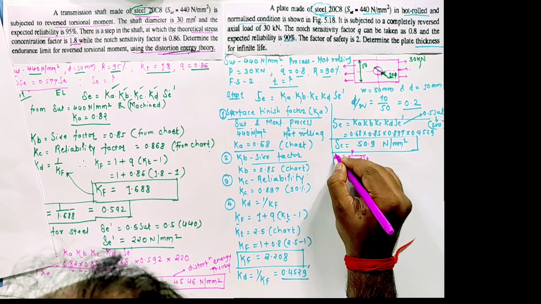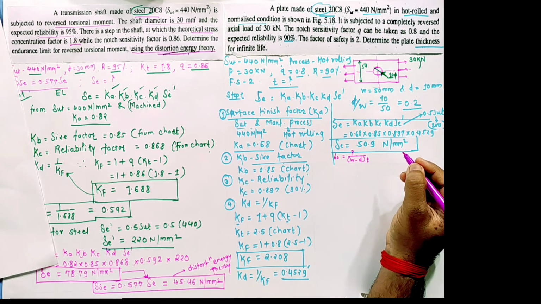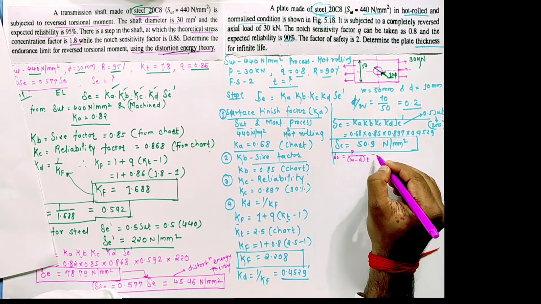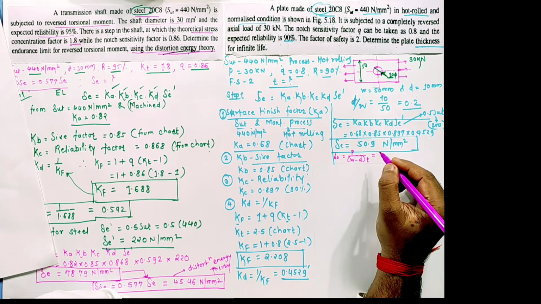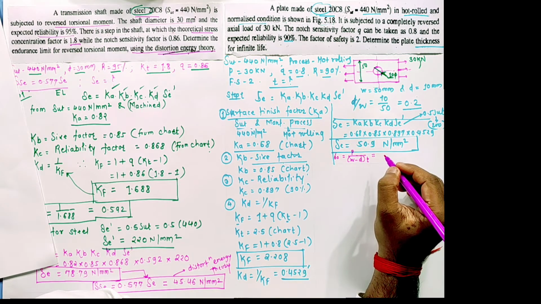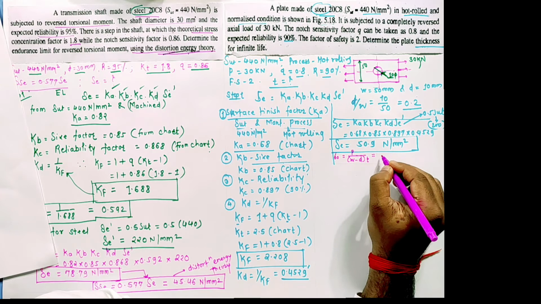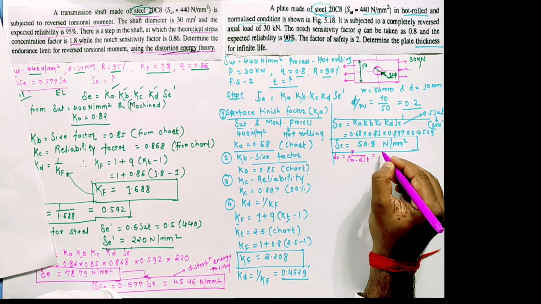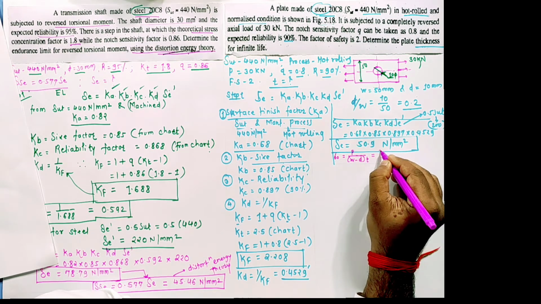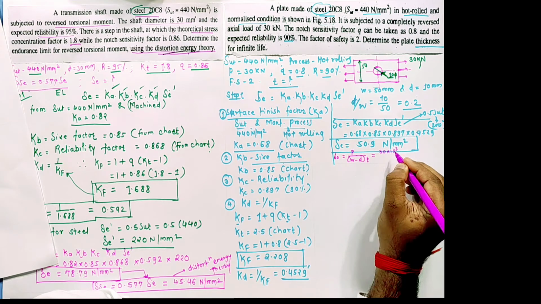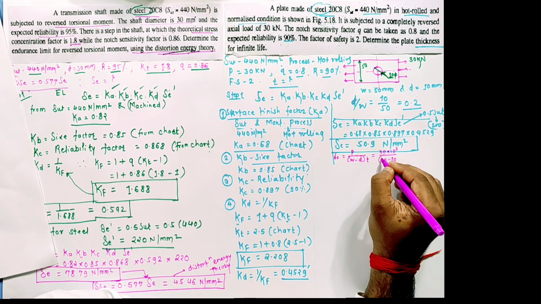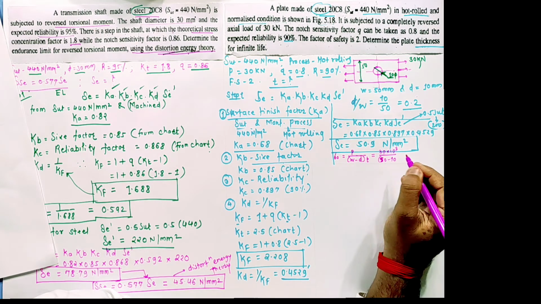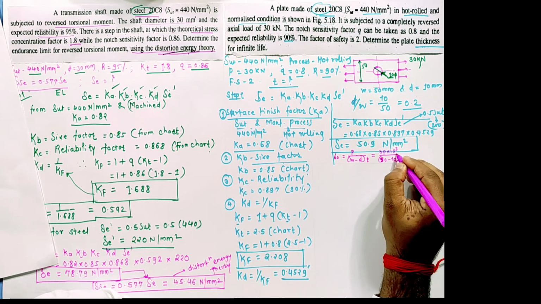Now putting the values, it is in terms of t: force is 30 into 10 raised to 3, divided by (50 minus 10) into thickness.